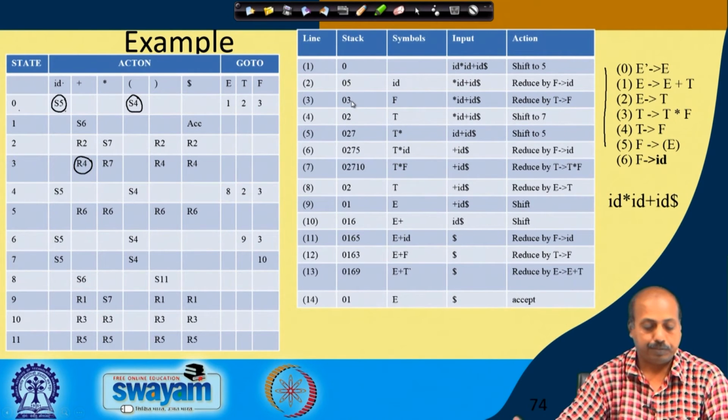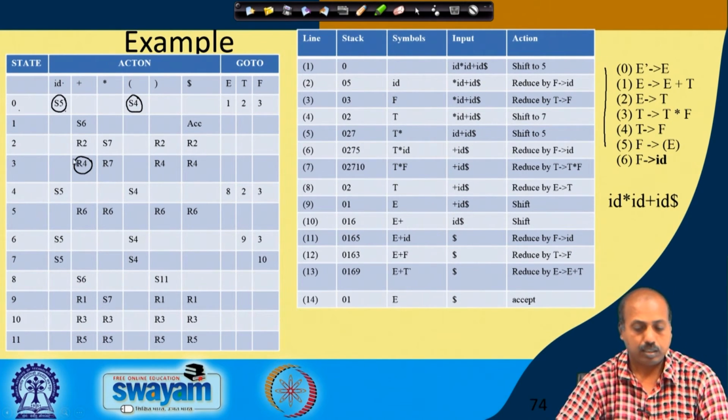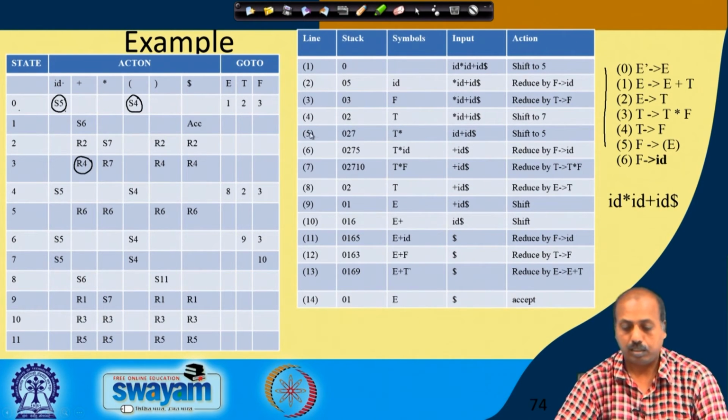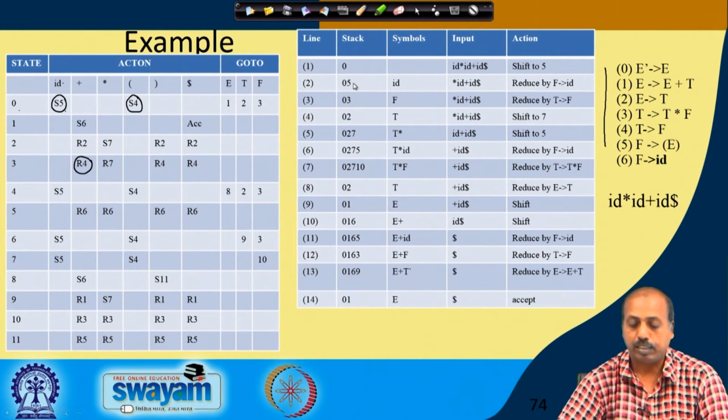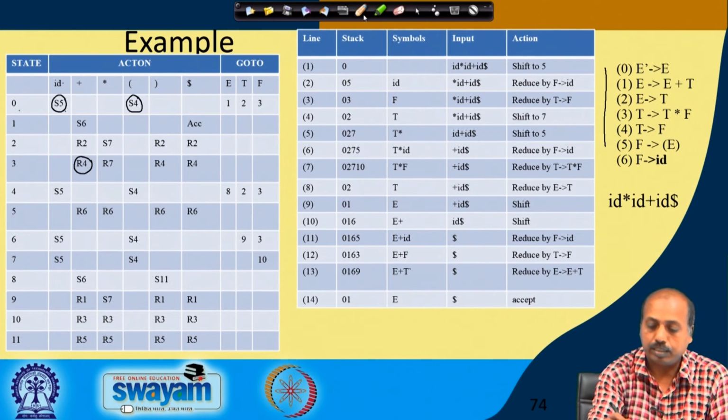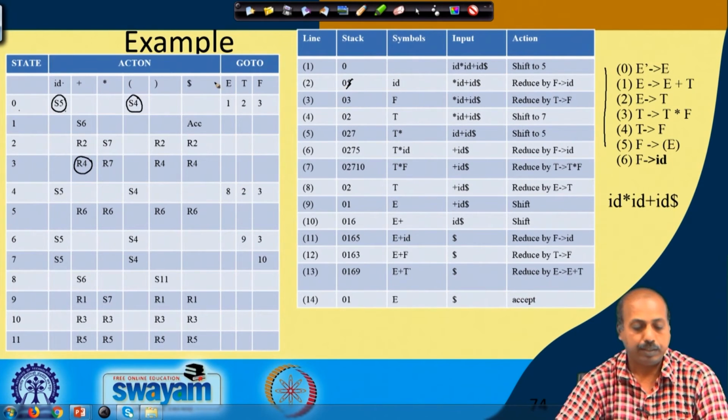So, this state 5 has gone out. The top of the stack now contains 0, and this is 0 F. So, 0 F says that the new state is 3.